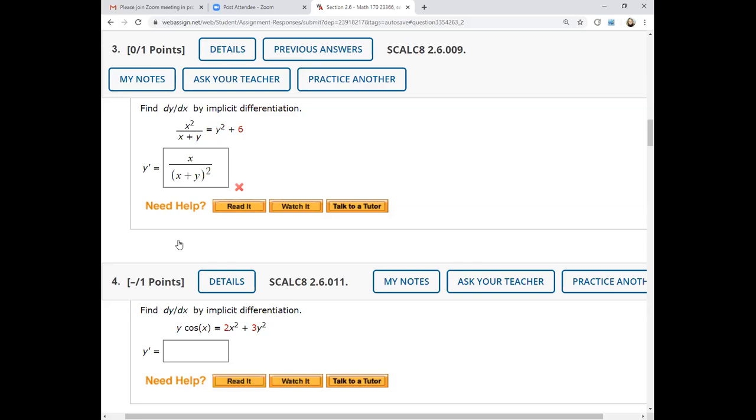So it's going to equal x squared dy dx plus 3y squared dy dx.